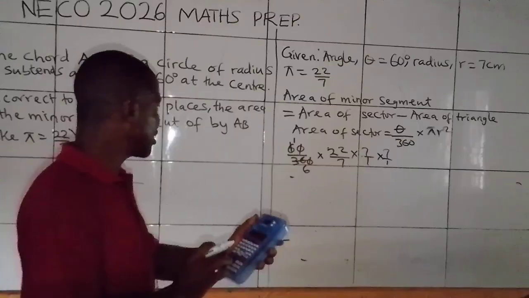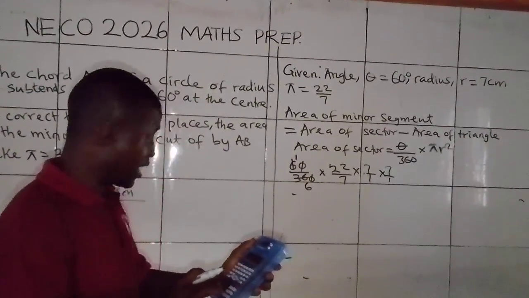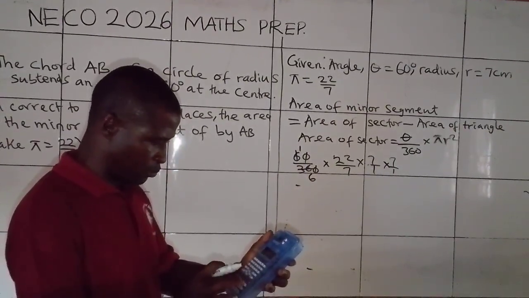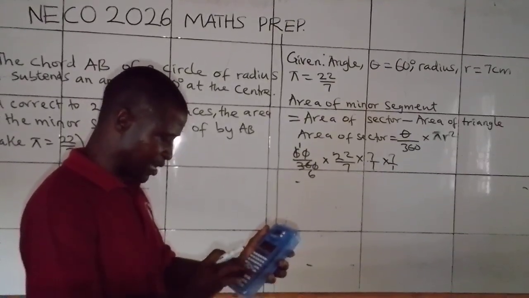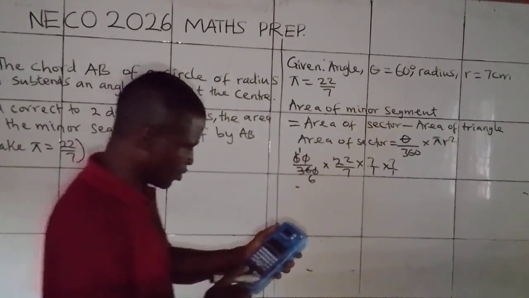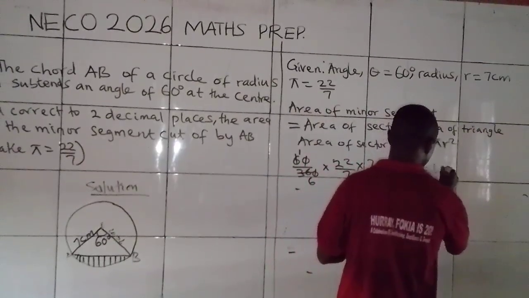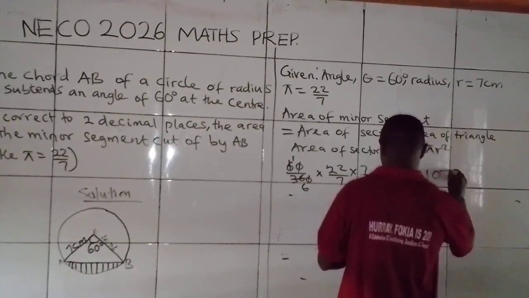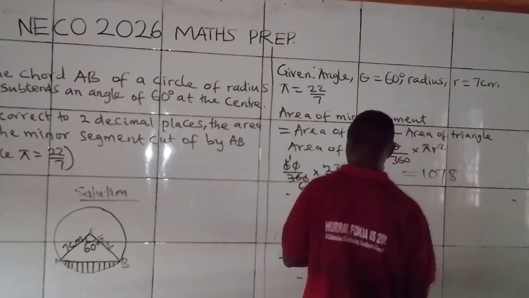That is, for the numerator, that is the value up, we have 22 multiplied by 7 multiplied by 7 is equal to 1078, all over.